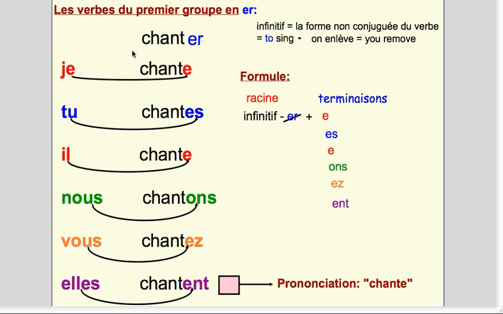So let's take the verb chanter. I remove ER, and now I have my stem. Notice the stem is the same for all 6 subjects, all right? And then I add my appropriate endings, I make them match. Je chante, tu chantes, il chante, nous chantons, vous chantez, elles chantent.